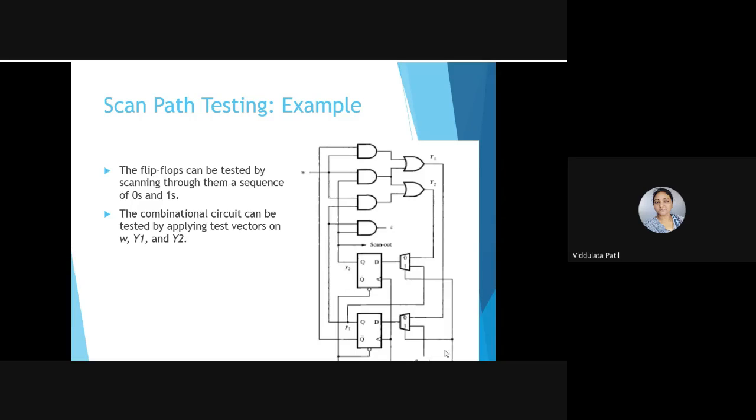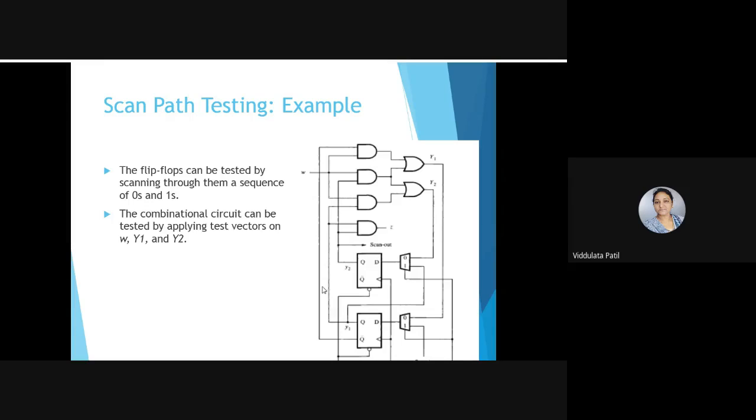That means we are going to apply a test pattern here. Whenever this control signal is active, that means at a high logic level, whatever input is present at scan-in will be applied at the input of the D flip-flop. So this is the circuitry.